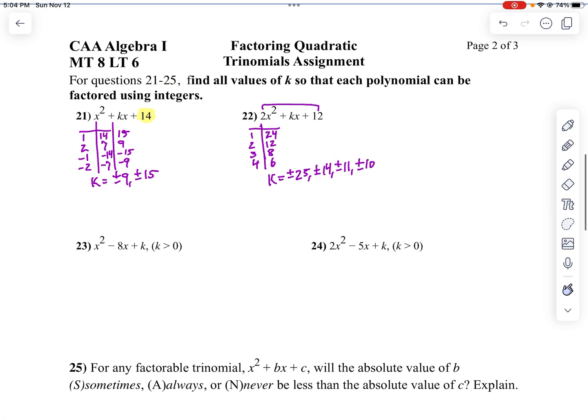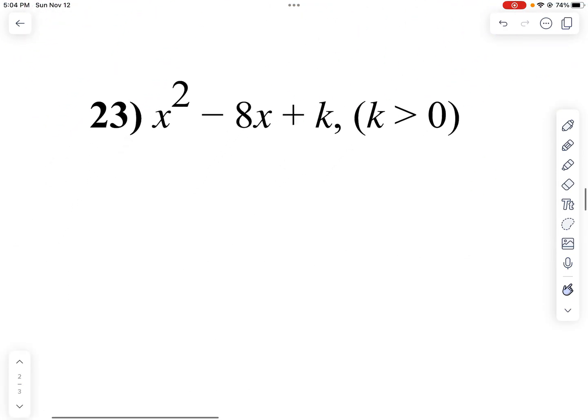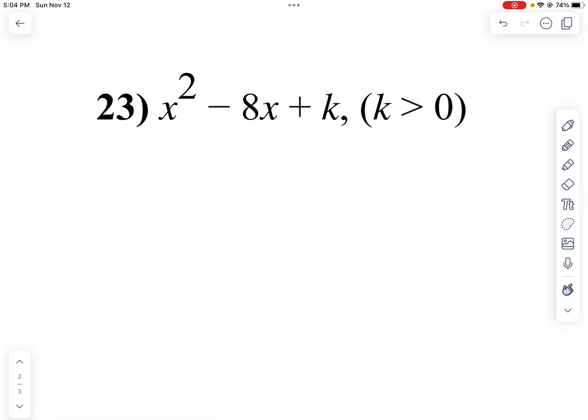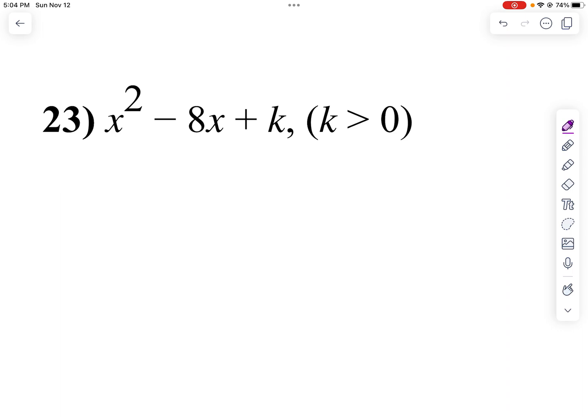Now if we take a look at 23, now it's kind of backwards. I want to find all the numbers that actually add to negative 8, but multiply to something. And since k is positive, they either have to be both positive or both be negative.